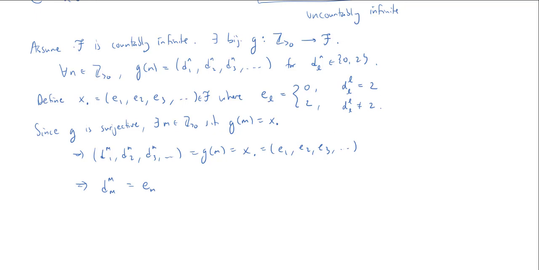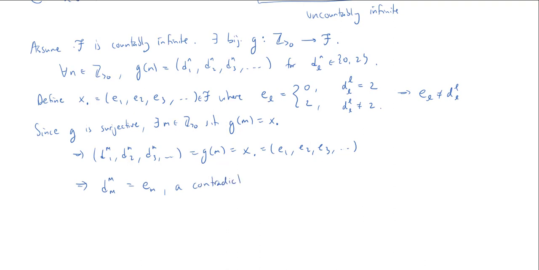But this is a contradiction because we know that d_mm and e_m are not the same, because we have established up here that for any l, e sub l is not equal to d_ll. When d_ll is 2, e_l is something different. When d_ll is not 2, e_l is 2, again something different. So this is a contradiction.